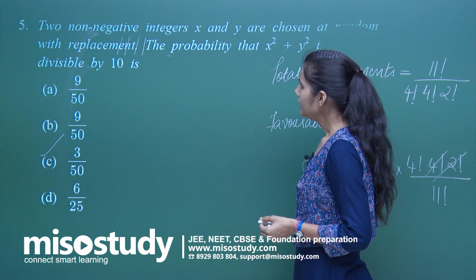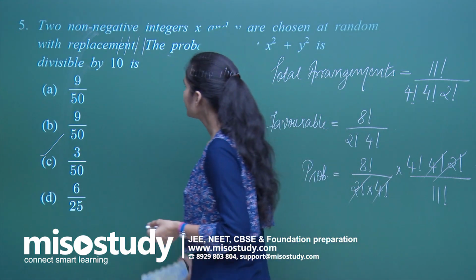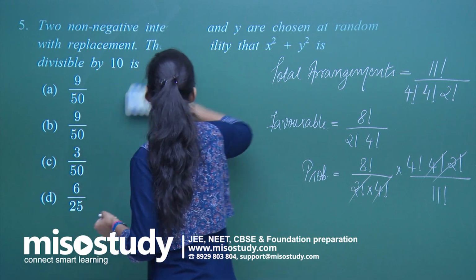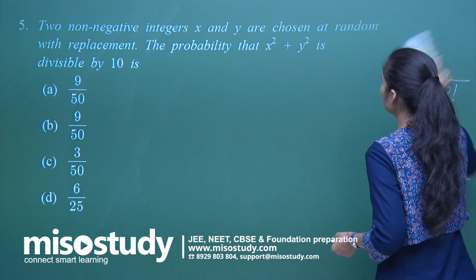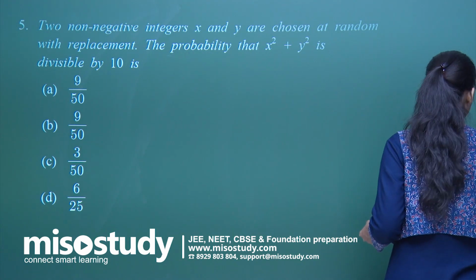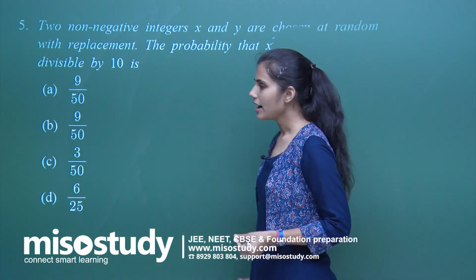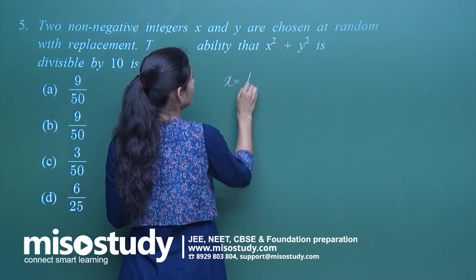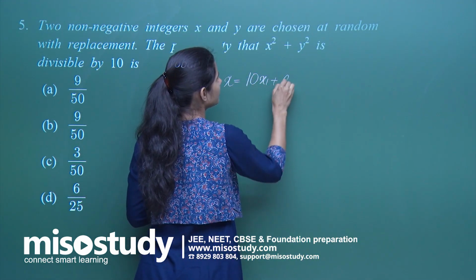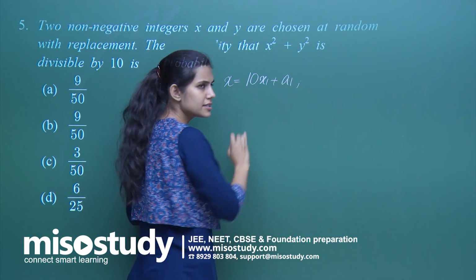Now, the next question says there are 2 non-negative integers x and y which are chosen at random with replacement. The probability that x square plus y square is divisible by 10. So when x is divided by 10, you get 10x1 plus a1. This is the quotient, this is the remainder.